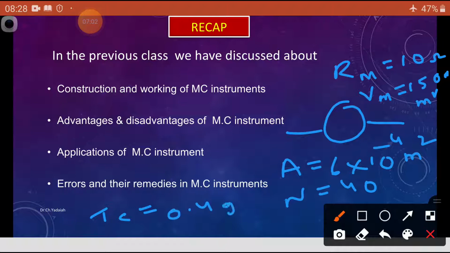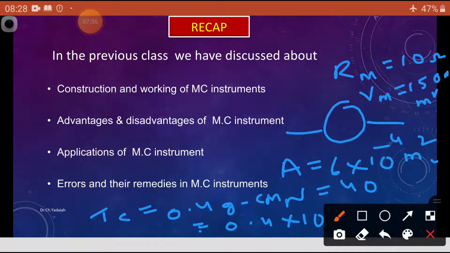gram centimeters. So better to convert into kg meters, because we are given the area in meter square. By simply converting grams to kilograms and centimeters to meters, you know that, we are going to get the value 0.4 into 10 to the power of -5 Newton meter.